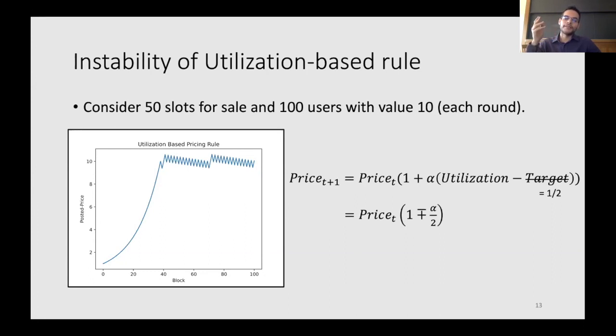Whenever the posted price is bigger than 10, no one is going to buy, so the realization is going to be 0. And whenever the price is smaller than 10, everyone is going to buy, and the realization is going to be 1. So the posted price is always going to be changing by a factor of 1 plus or minus alpha over 2, and the prices are never going to converge to an equilibrium.